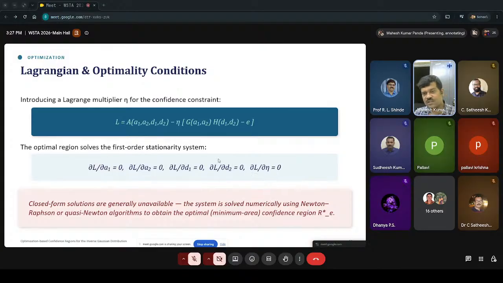Now the issue is that if you try to solve this problem, you do not get closed form solutions. So as we already discussed, we need to go for numerical techniques like Newton-Raphson or quasi-Newton algorithms to get the optimum region, which is denoted by R star.